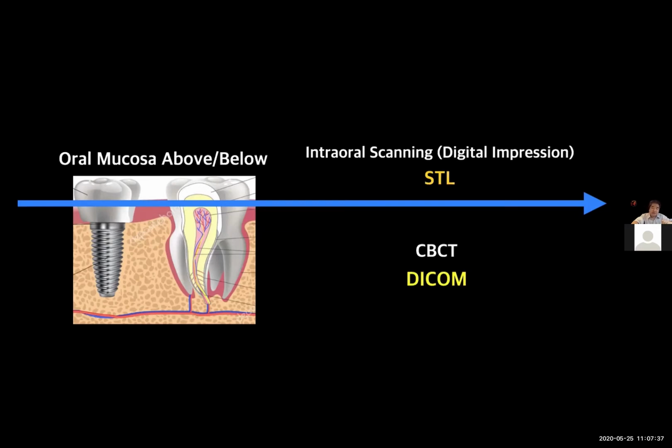To have complete digital information, we need information from above the mucosa and below the mucosa. Those two three-dimensional pieces of information need to be merged together. Then eventually we have complete three-dimensional digital information, so we can use it for surgery or prosthetics.